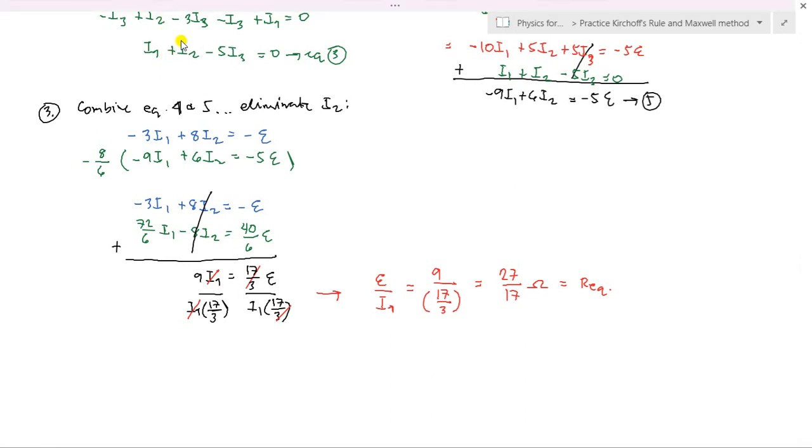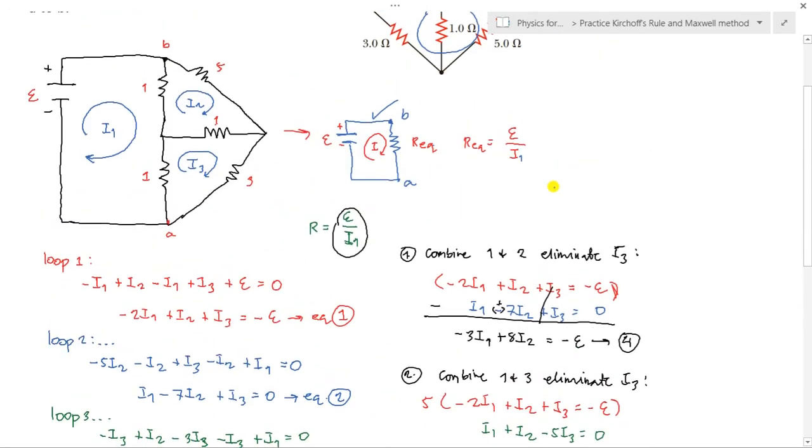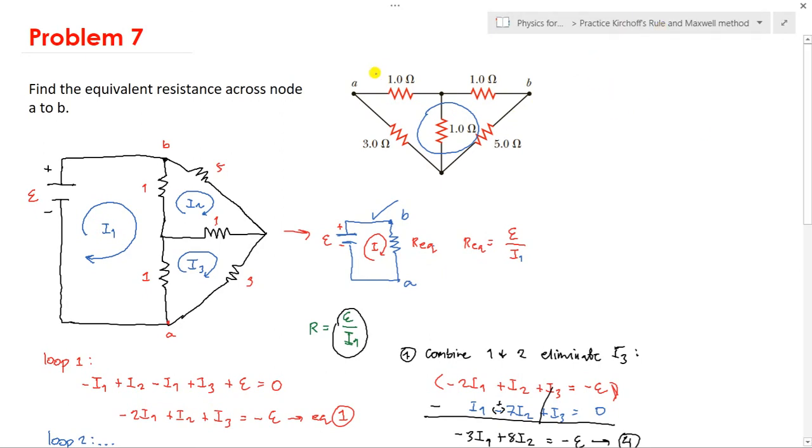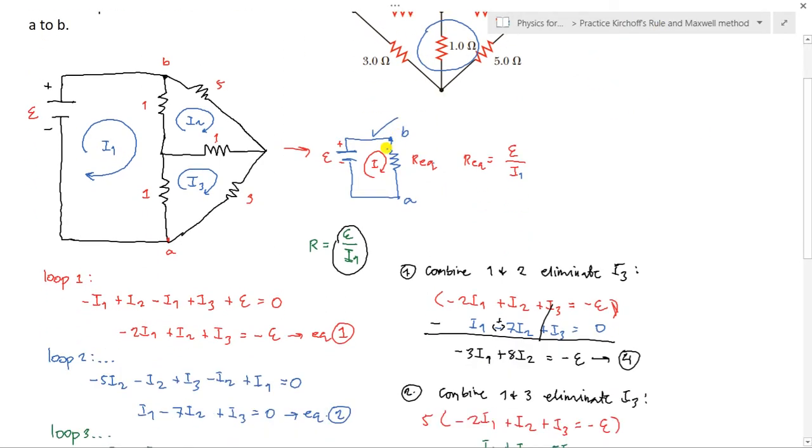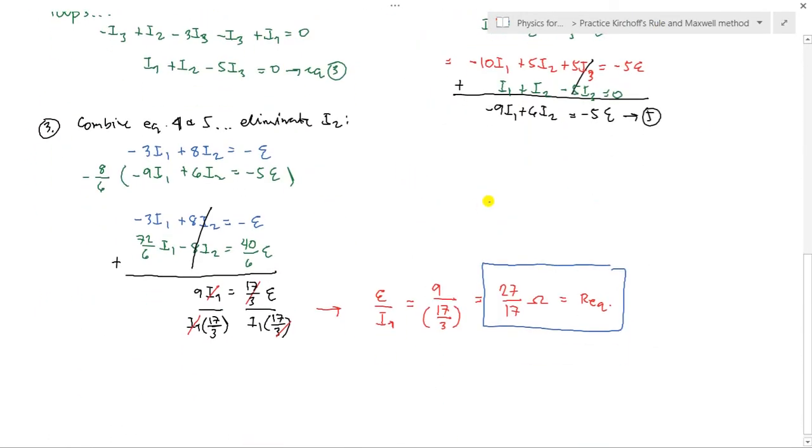So that is our answer for this problem. Therefore, after combining the figure, the resulting equivalent resistance is 27 over 17.